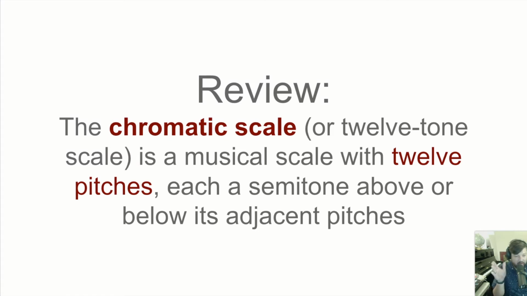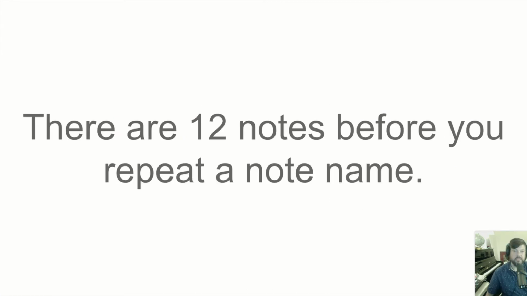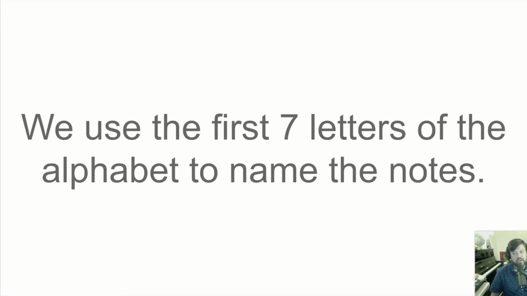So it's like 12 notes in a row before you get to the same note again, right? So let's say you start on A, you'd go up 12 notes before you get to the higher version of A. Okay. And we talked about that. If you need to review, go back to lesson 1. But there are 12 notes before you repeat the same note, right? 12 notes, repeat the same note.